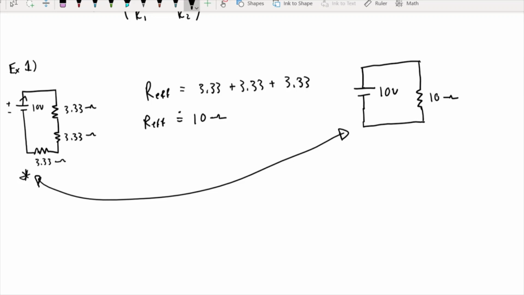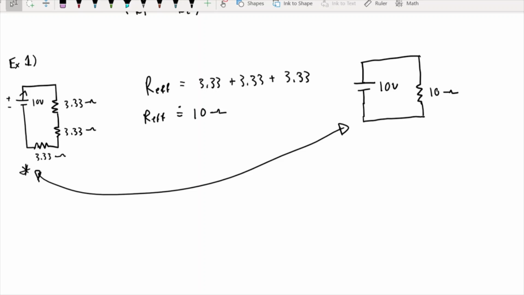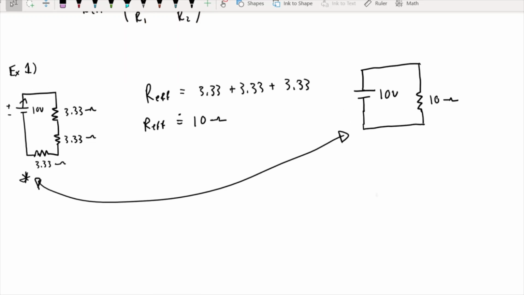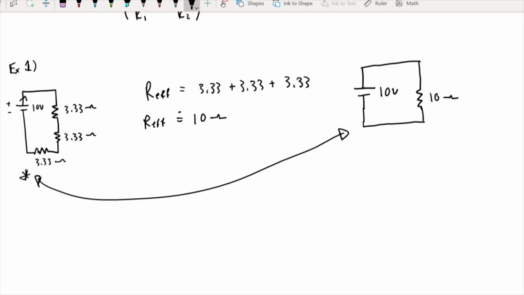So what can we do with this now? Well, the whole point of finding these R effectives is essentially to solve for something else, whether you're trying to find voltage or current or whatever, to make your life easier. In this case, voltage is given to us, and we know that V equals I R. Voltage equals 10 volts, and resistance R equals 10 ohms.